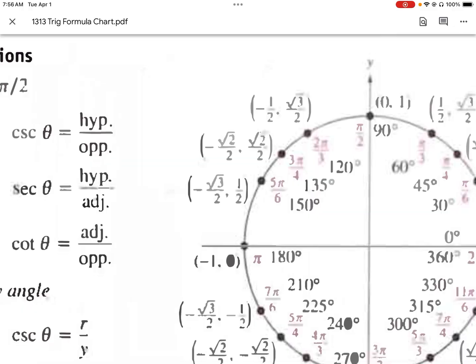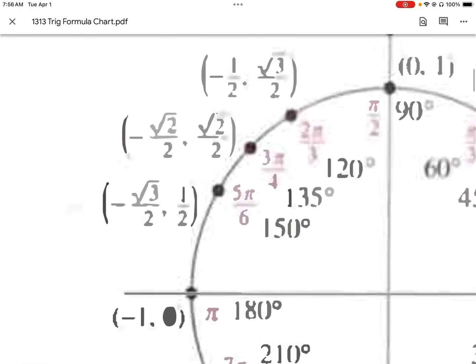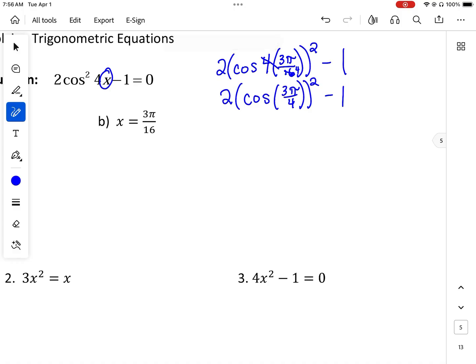So we need to look at our unit circle for cosine 3 pi over 4. So sine is y, cosine is x. So 3 pi over 4 is right here. So it is the x value, so negative square root of 2 over 2. So 2, negative square root of 2 over 2, squared, minus 1. So this will be 2.